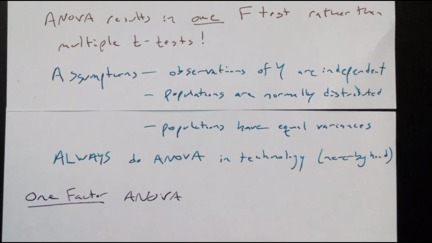So in the example I've been talking about, I want to know if defect rate for chips depends on which plant I'm at. So I have a defect rate, that's a numerical value, that's my response variable.